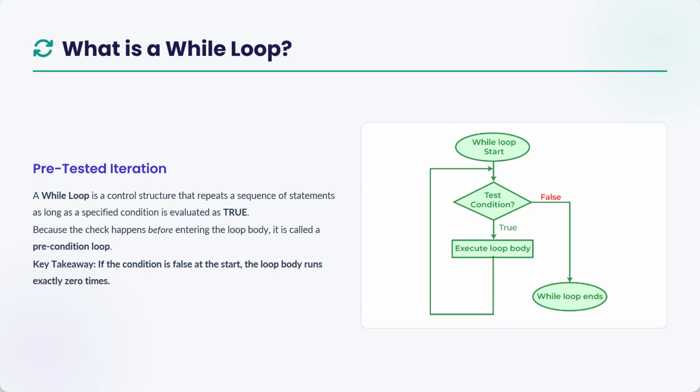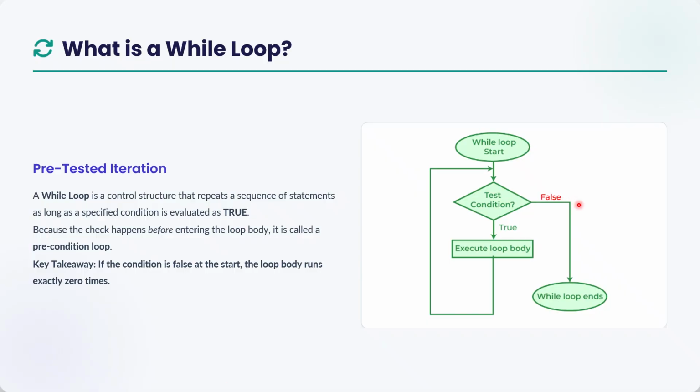That is, it is first going to check the condition. If the condition is true, then only it will enter the loop. As you can see here in the flow chart, the while loop starts, but as soon as it starts, it enters into the decision making structure, in which that condition is first tested.